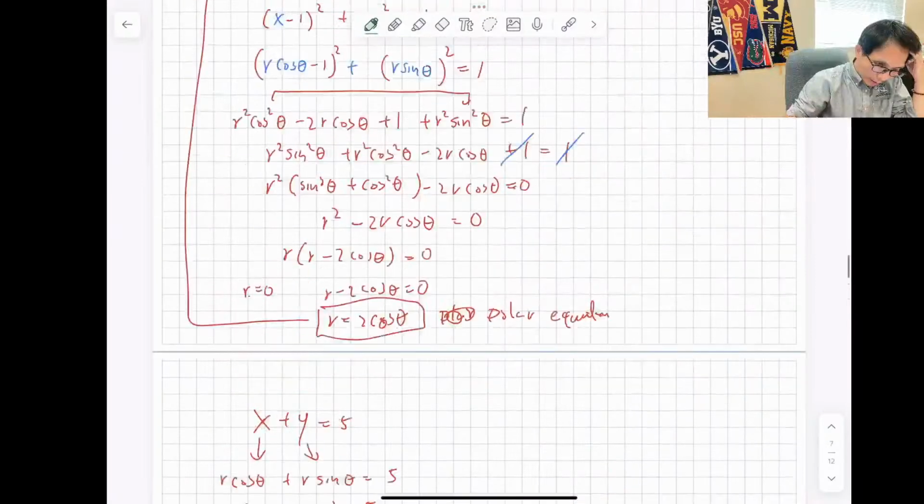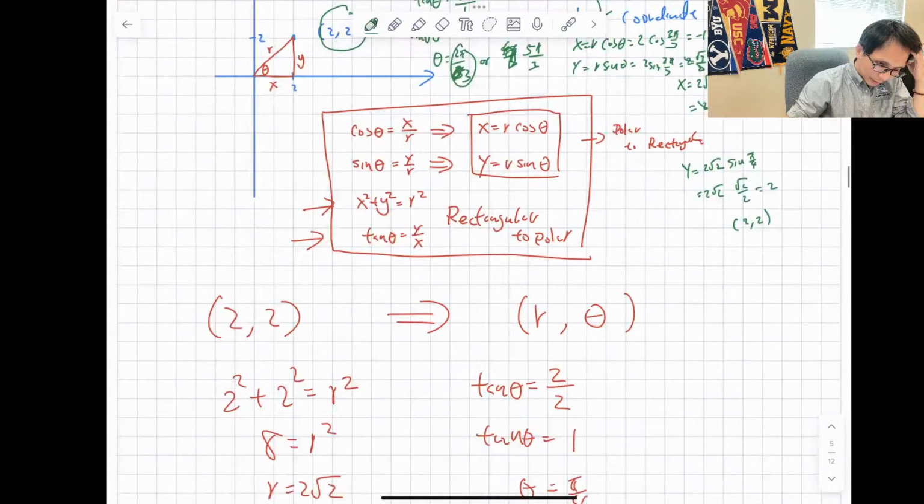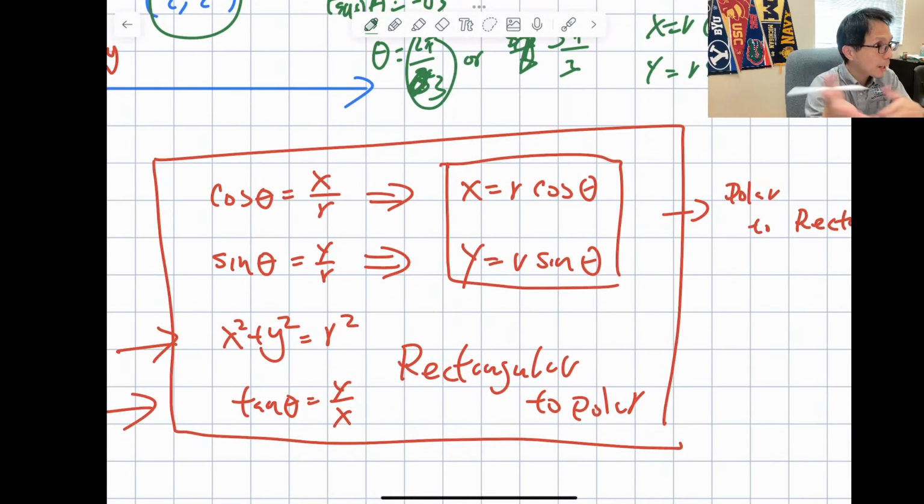Did you guys copy down those equations here? No, this equation. x squared plus y squared equal to r squared. Tangent of theta equal to y over x.